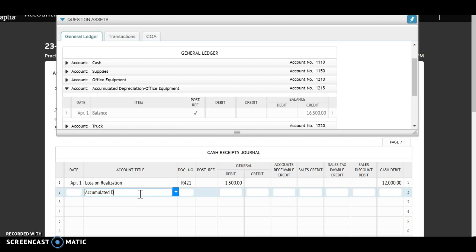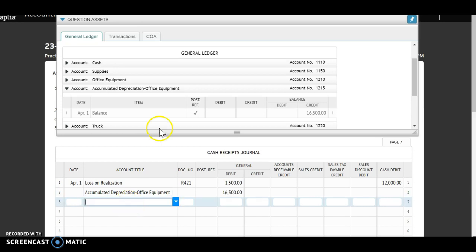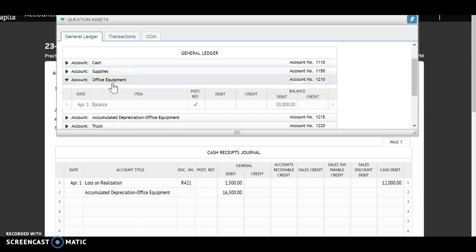The accumulated depreciation office equipment, we will debit for 16,500. And then we're going to be crediting office equipment for 30,000.